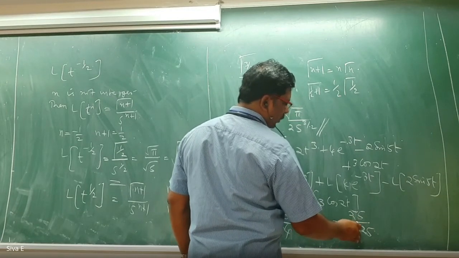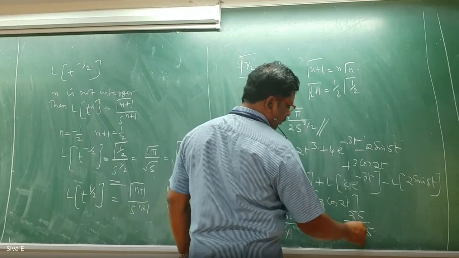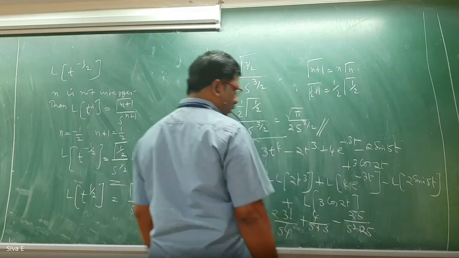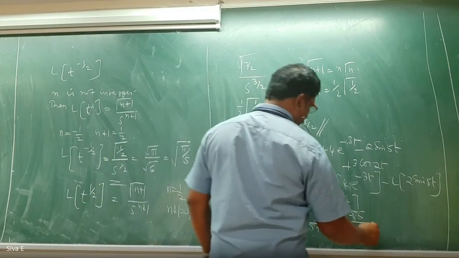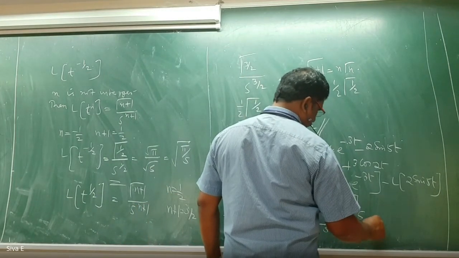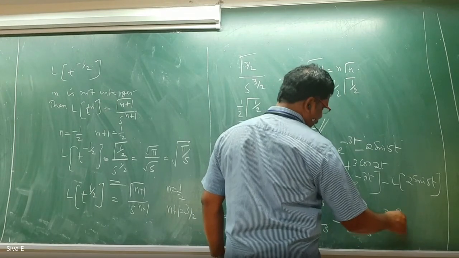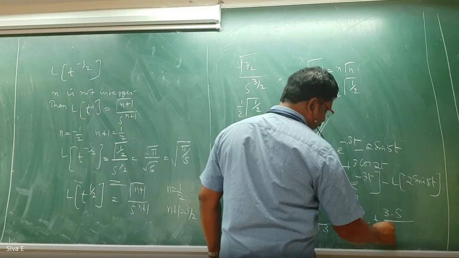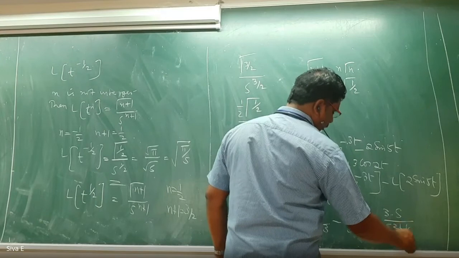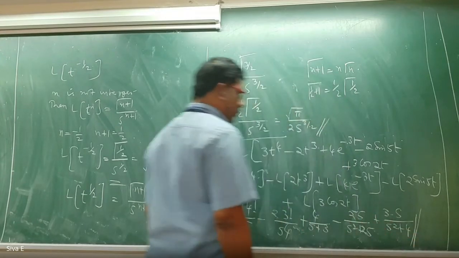The last one is plus 3 into s by s square plus 4.